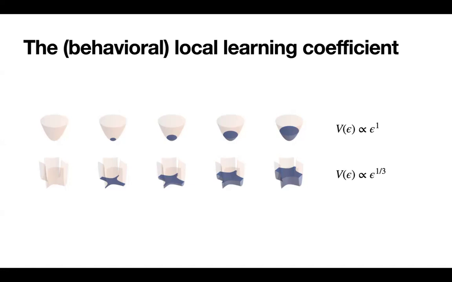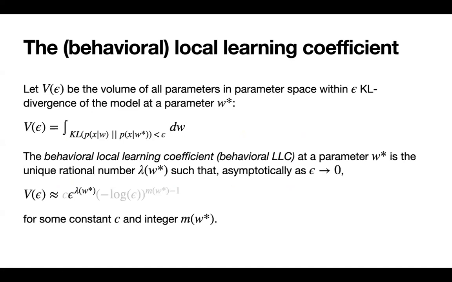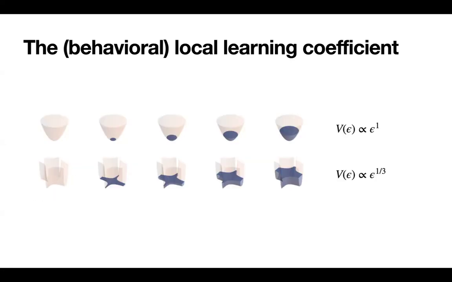Whereas on the top, it takes a little more time as epsilon increases for that area to grow, and the fact that it grows faster shows up in this LLC being smaller. If that seems confusing, remember that we're looking asymptotically as epsilon goes to zero. So when we're looking close to zero, a smaller LLC means it grows faster.